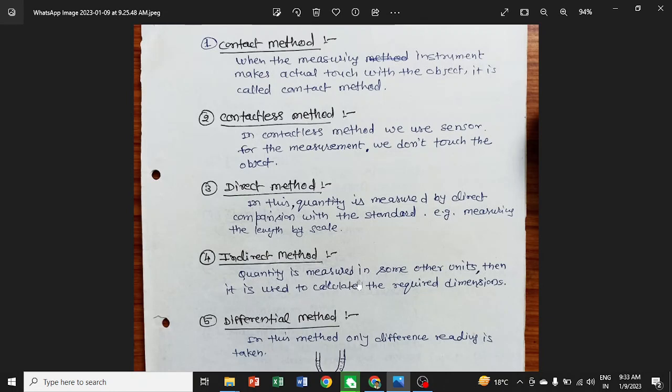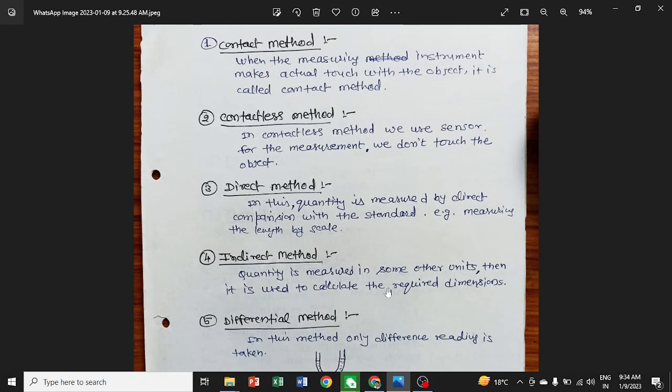Fourth is indirect method. The quantity is measured in some other units, then it is used to calculate the required dimension. In indirect method, you need to calculate, you need to put values in a formula to get the final dimension. Suppose you want to measure the density of any object. First you require the weight of that object, then you require the dimension of that object, so you can calculate the volume.